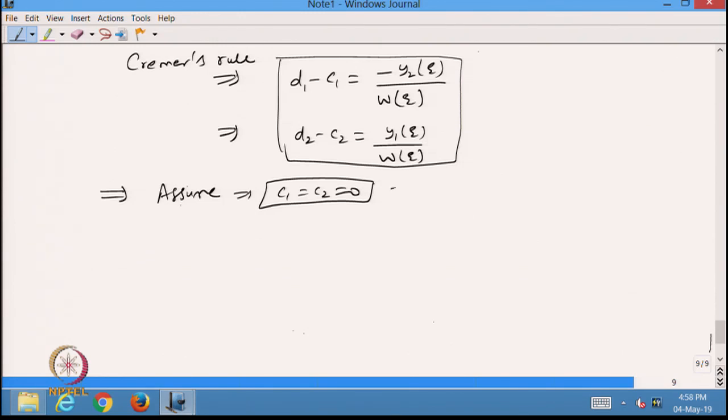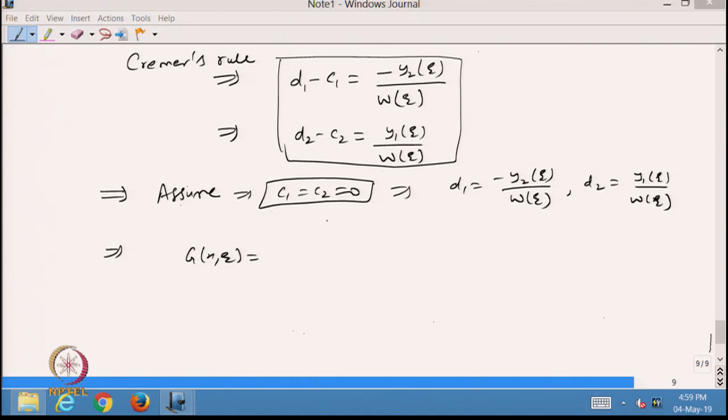If I assume this, then my d1 will be minus y2(xi) over the Wronskian and d2 will be y1(xi) over the Wronskian. From here I can define my Green function as g(x, xi). I have taken my C1 and C2 equal to 0.